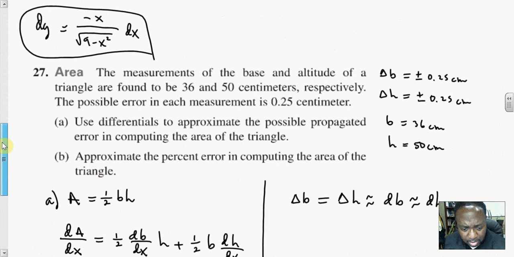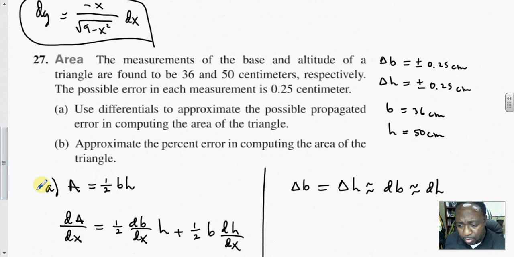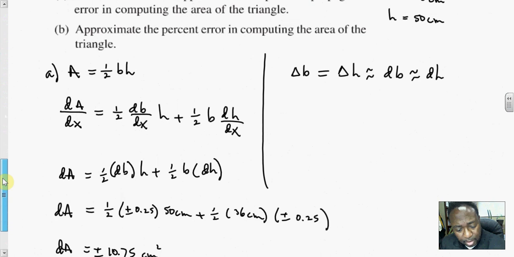Part B says approximate the percent error in computing the area of the triangle. What's the percentage of error, that is, how much is the area that you calculate off? So we find that percentage error.